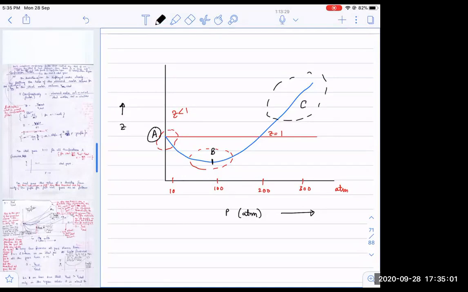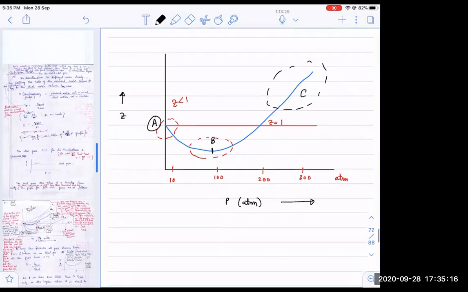Now I wish to explain this variation. How is this variation being caused? Let me give you 1 minute to understand the source of so much variation. Please try to think from this formula: Z is equal to V real by V ideal.